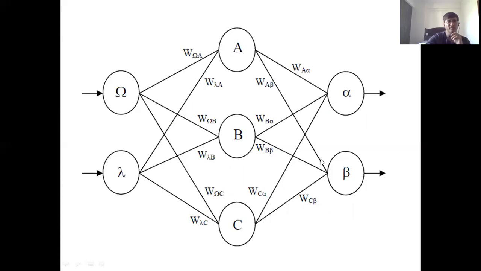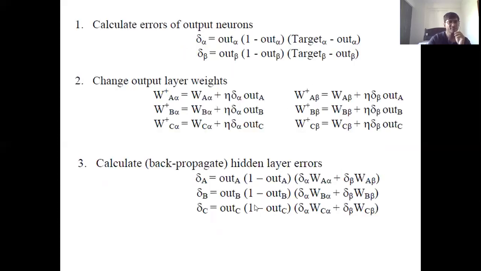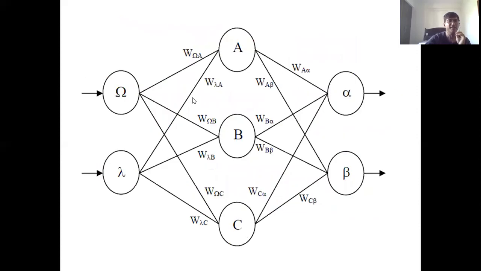That is the formula. Likewise, we can define it for B and C also. I hope that is very clear. By this time, we are in the back propagation phase, where we have calculated the errors, then back propagated the errors and updated the weights.